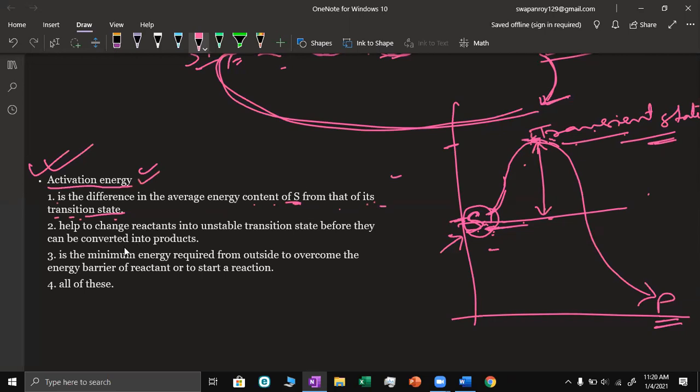It helps to change a reactant into an unstable transition state before it can be converted into a product.